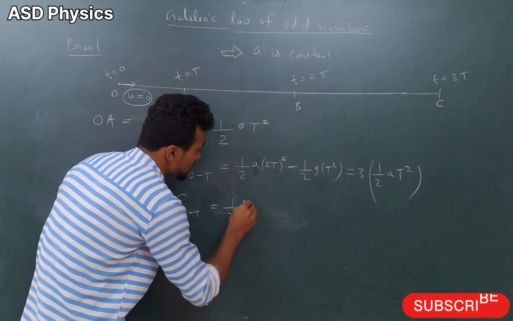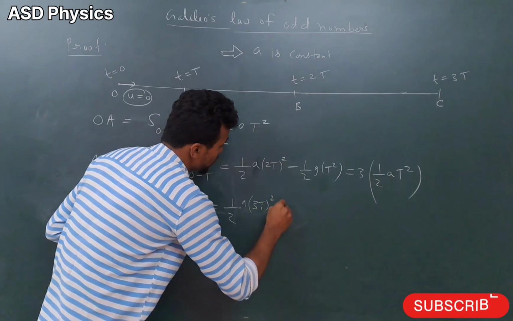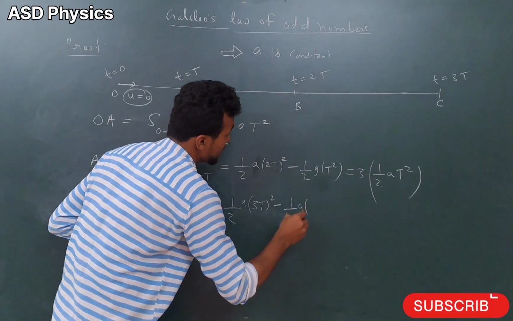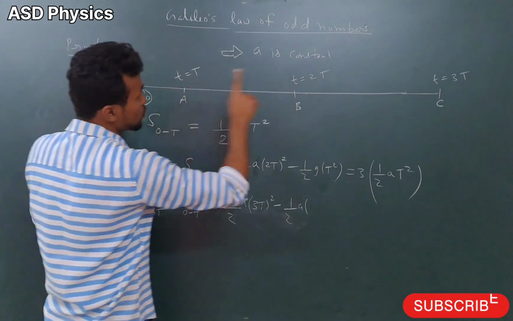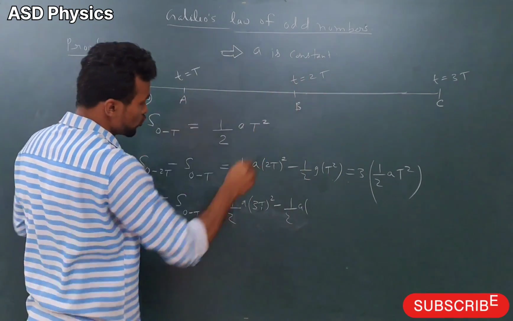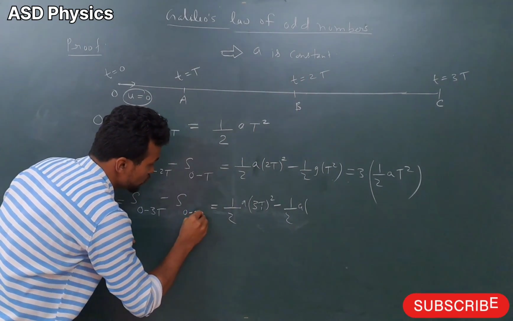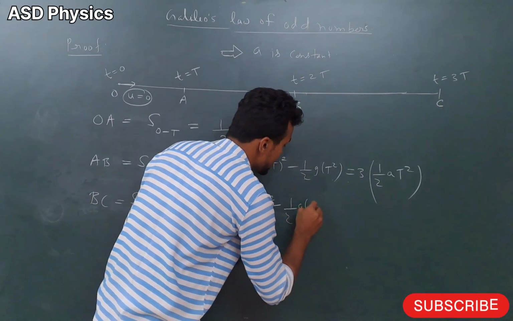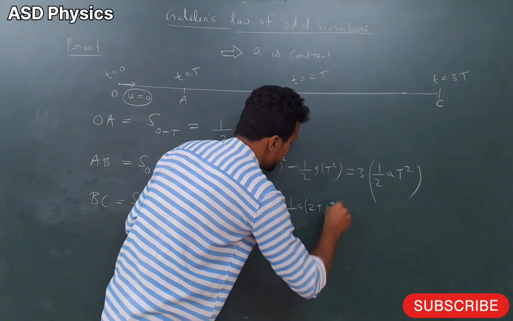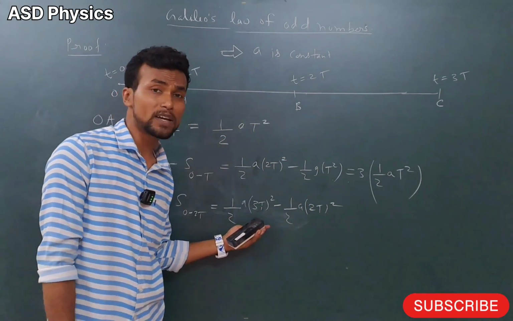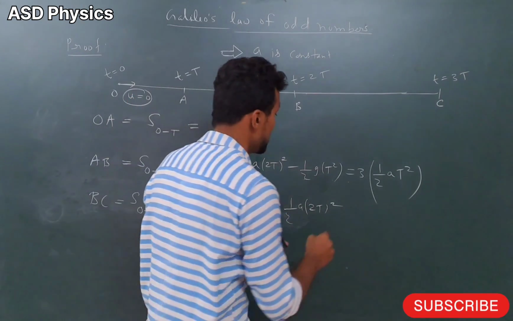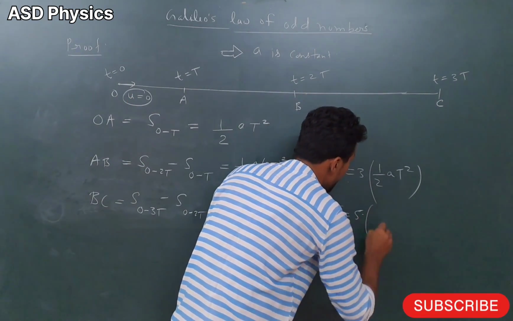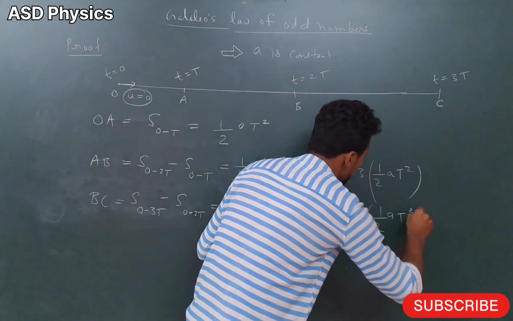So half a 3t square minus half a 2t square. 3 square is 9, 2 square is 4, 9 minus 4 is 5. That means it will become 5 times half a t square.